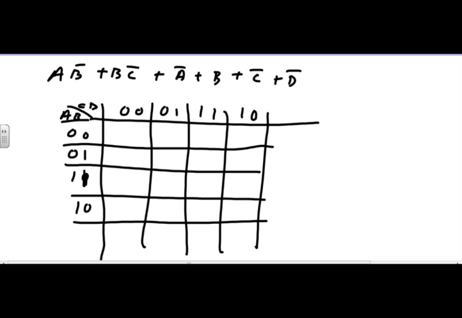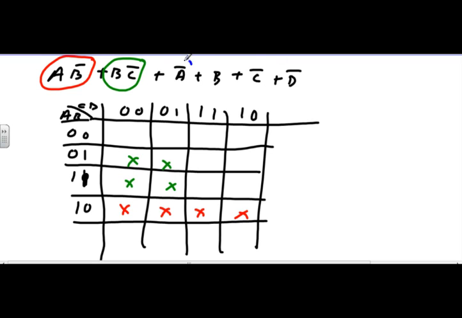Okay, 4-0 for drawing the map. Right, so here's A, B naught. Here's B, B, C naught.